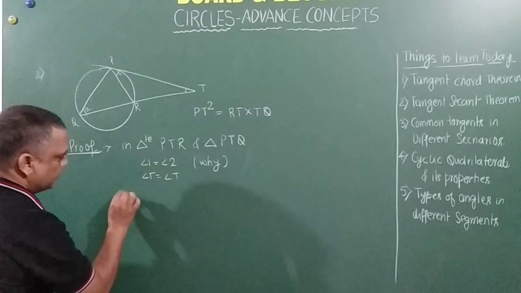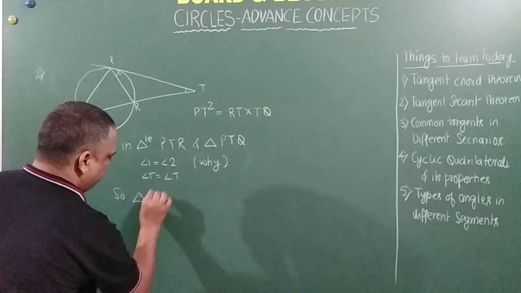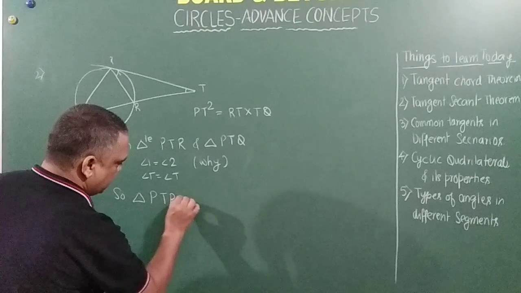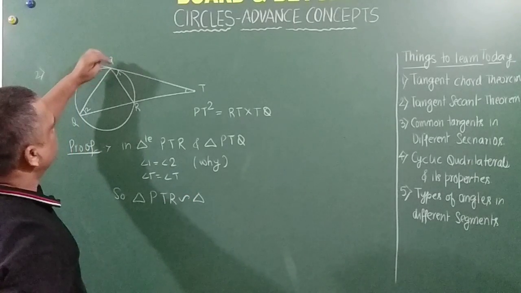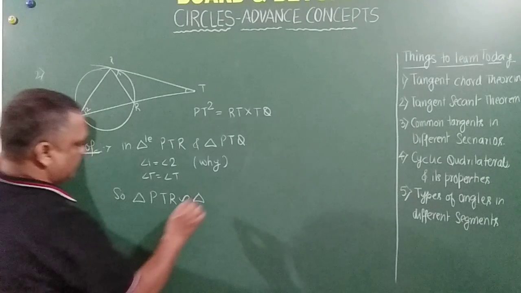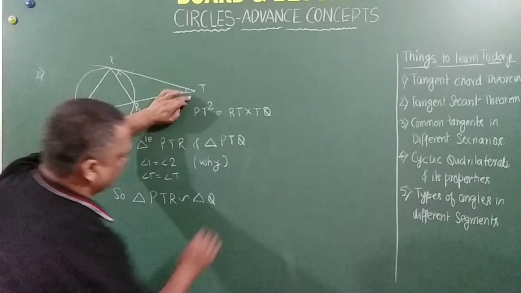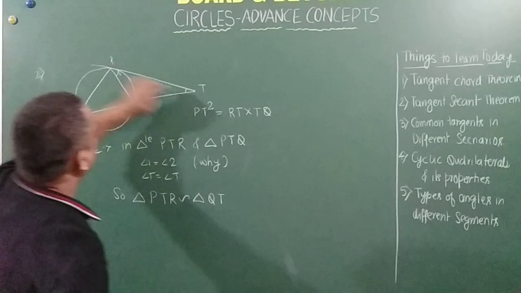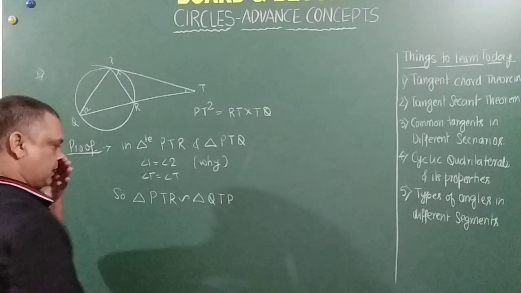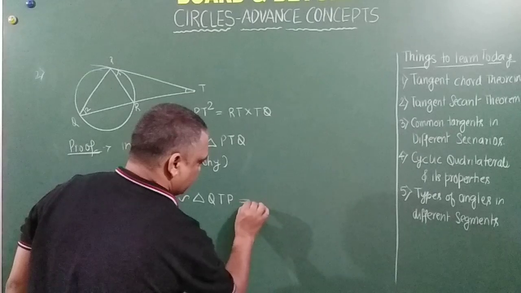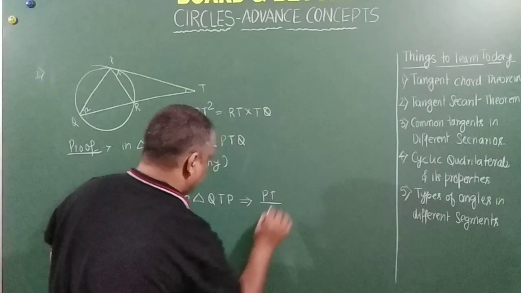We will write it. So triangle PTR is similar to triangle, now I have taken P, so P is equal to Q. So let me come back to Q. Triangle QTP, T is common, right? And P, right? So once we have proved this similarity, this will give us what? We'll write the ratios.